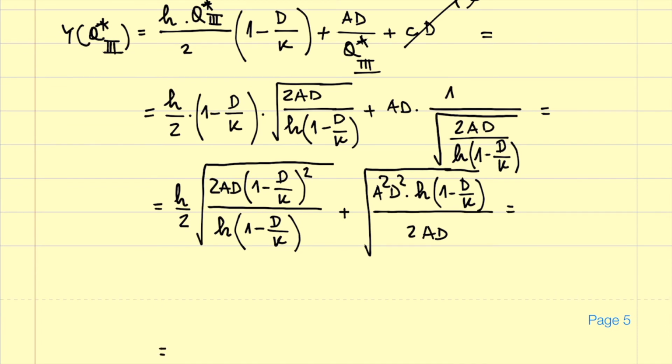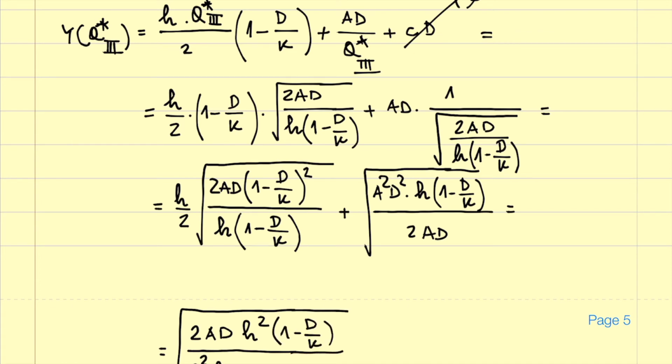Okay. So I get some simplifications. 2AD H squared divided by 2 squared H and times 1 minus D divided by K plus AD H times 1 minus D divided by K divided by 2 H squared, and H goes, 2 goes with 2.